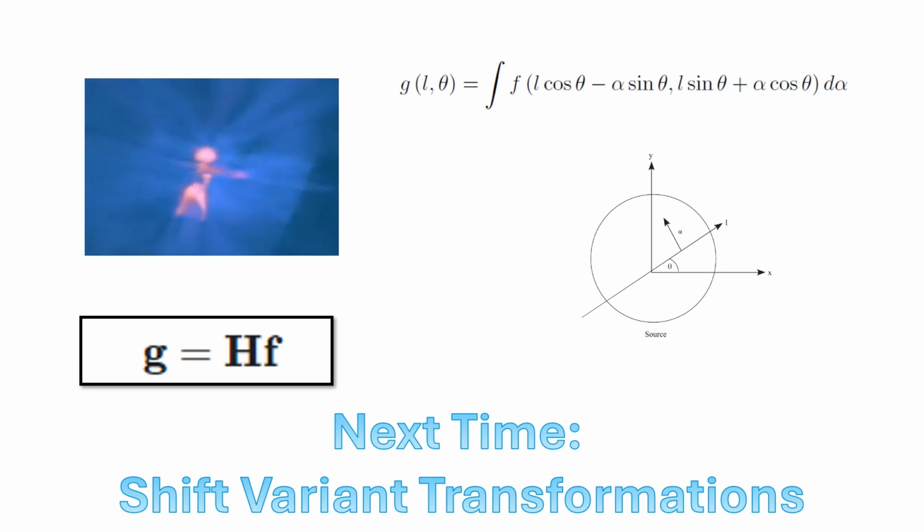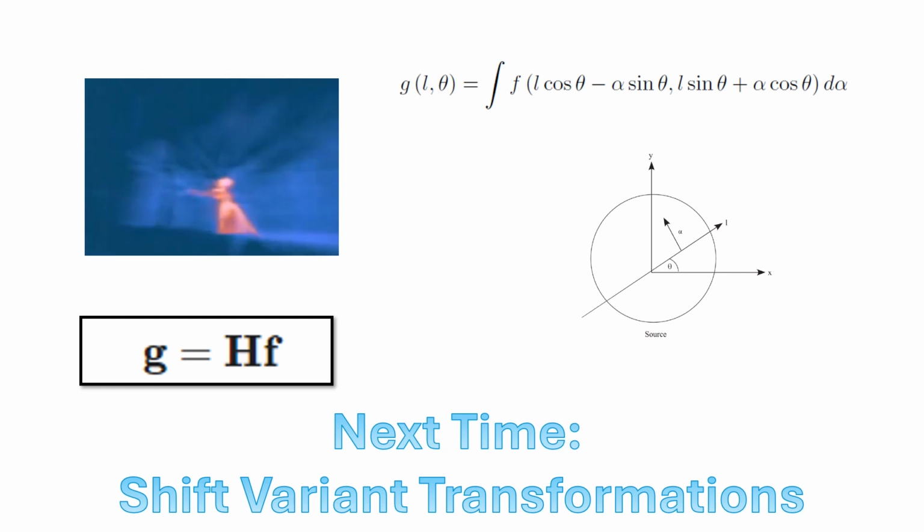Next time we're going to look at shift variant systems, which, for example, include 3D imaging systems using projection tomography. The movie you see at the upper right here is a 3D reconstruction of a dancer created with a camera array, but created by back projection, so you see the full volume around the dancer, and we can rotate and spin the dancer and slice the volume.